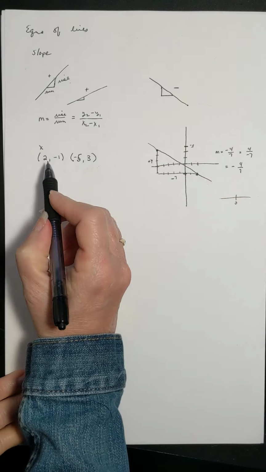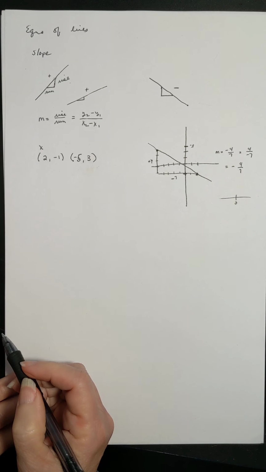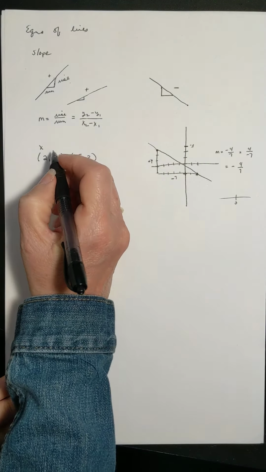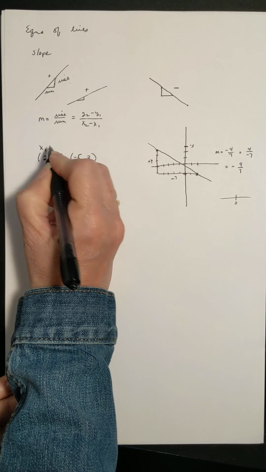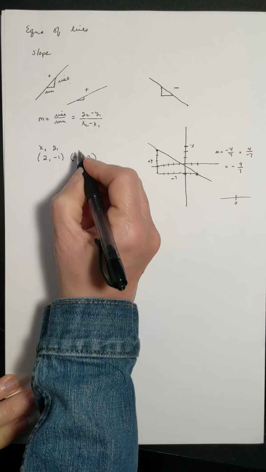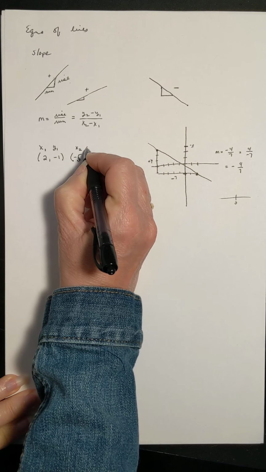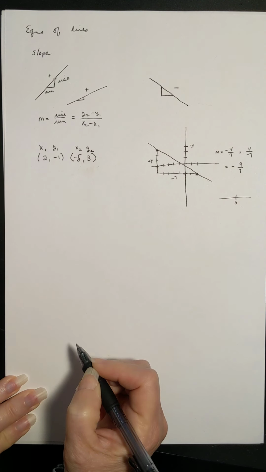Now, let's look at the points and use this formula to get the same answer that I got by graphing it. So this is the x-coordinate of the first point and the y-coordinate of the first point. This is the x-coordinate of my second point and my y-coordinate of my second point.